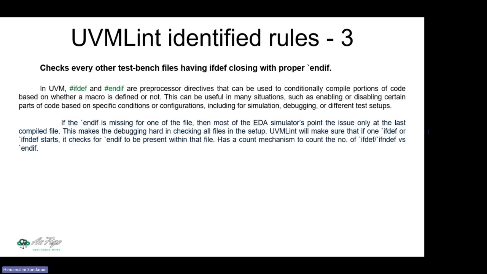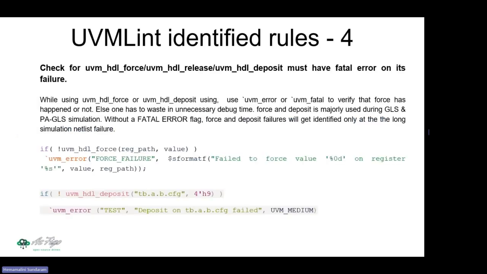Here we are making sure that if there is an `ifdef, then there should be another `endif for that particular code in that file. That's what we are talking about here. It has a count mechanism to count the number of `ifdef versus `endif.